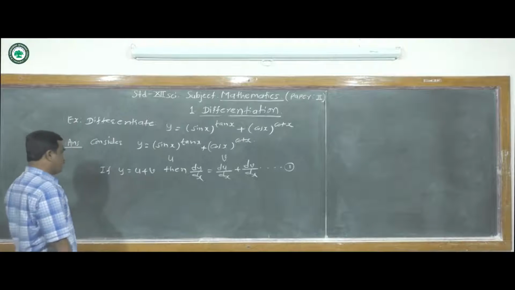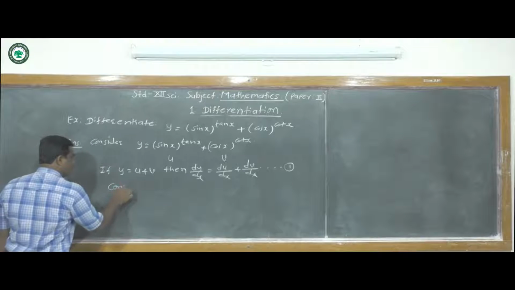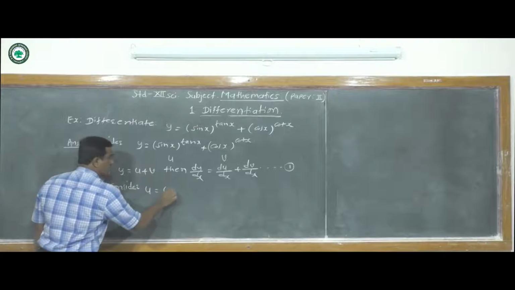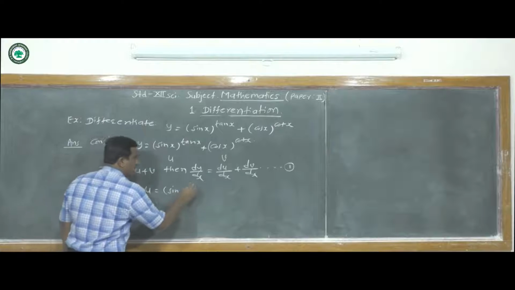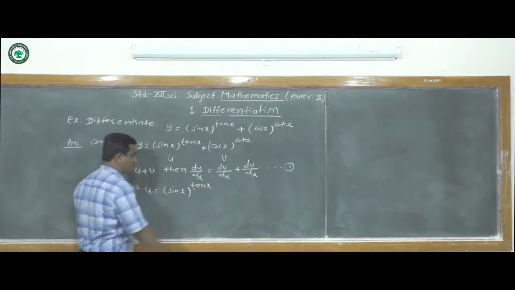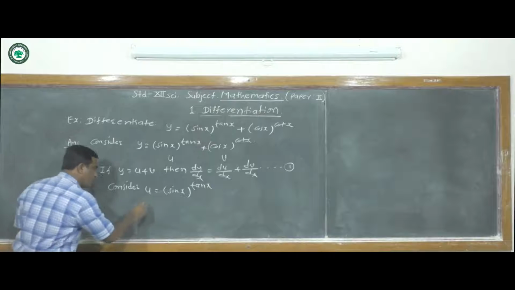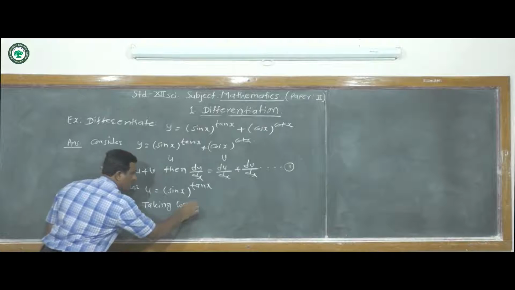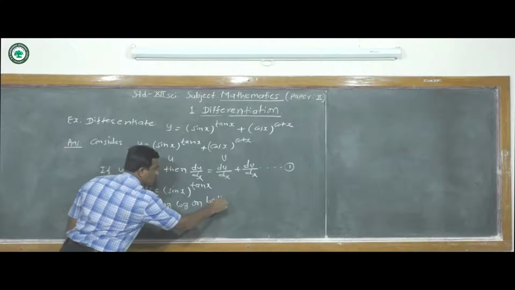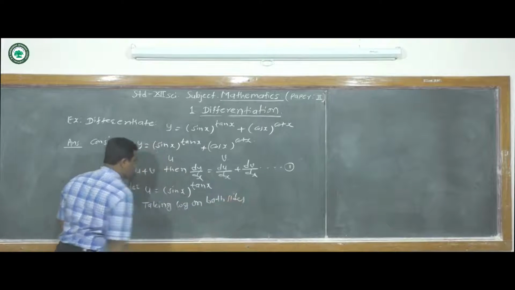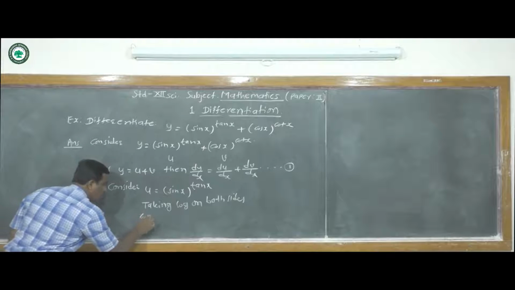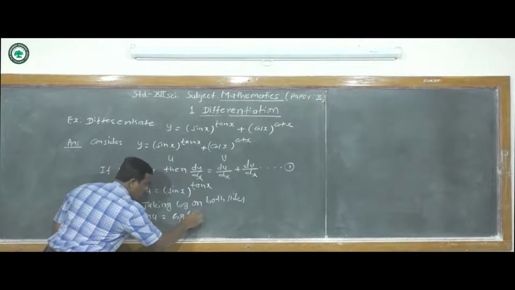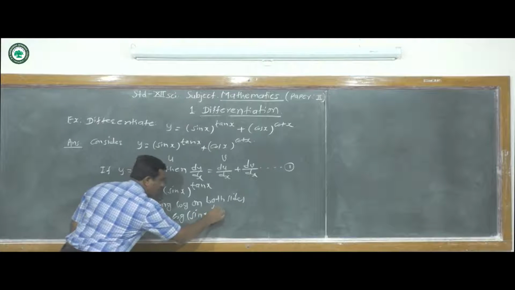Okay. Now consider u here. Consider u is equal to sin x bracket raised to tan x. Okay. Now taking log on both sides, we get log u equal to log of sin x bracket raised to tan x.